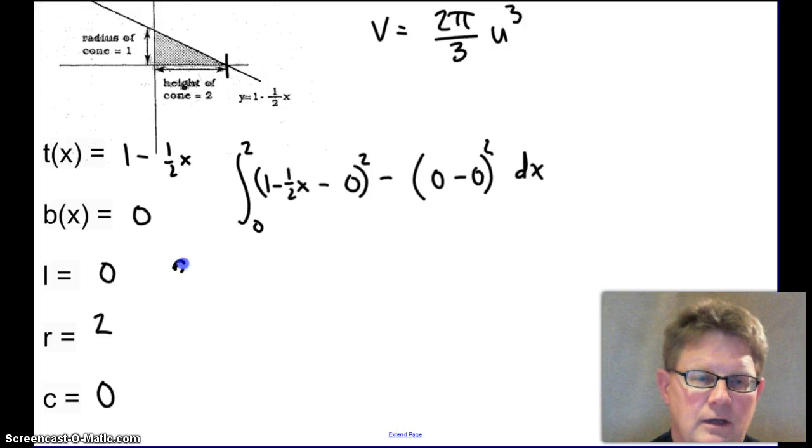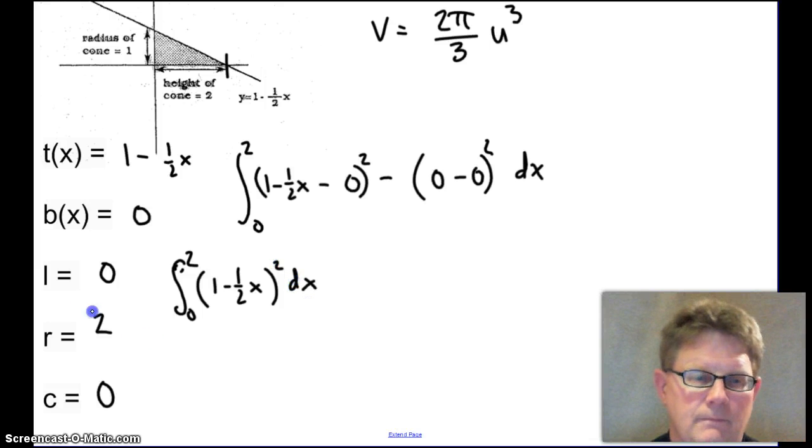So that will just end up being the integral from 0 to 2 of 1 minus 1/2 x, quantity squared, dx. All those other terms will just be zeros and squared zeros.